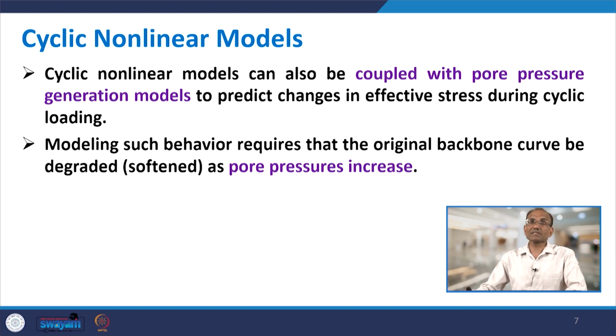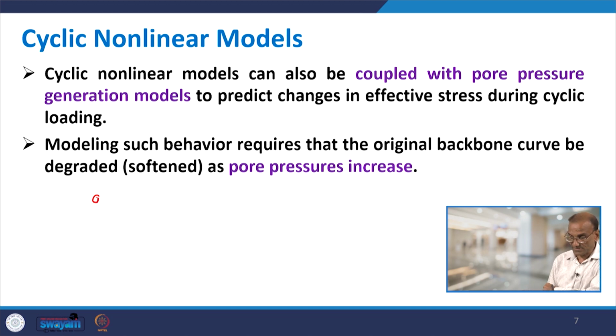Cyclic nonlinear models can also be coupled with pore pressure generation models to predict changes in effective stress during cyclic loading. Modeling such behavior requires that the original backbone curve be degraded as pore pressure increases. When there is an increase in pore pressure, there will be a reduction in the effective stress. You know the effective stress we discussed is sigma minus u, where u is the pore water pressure.